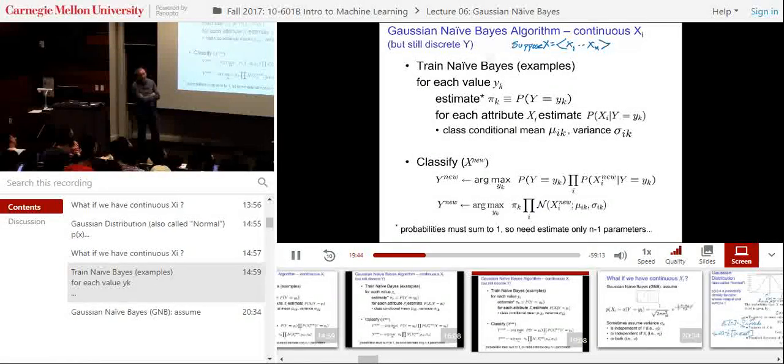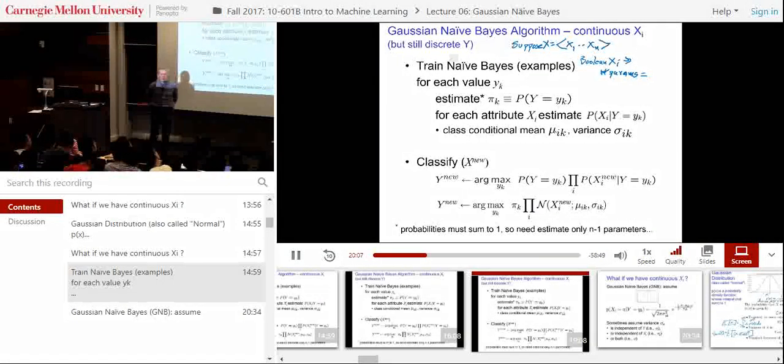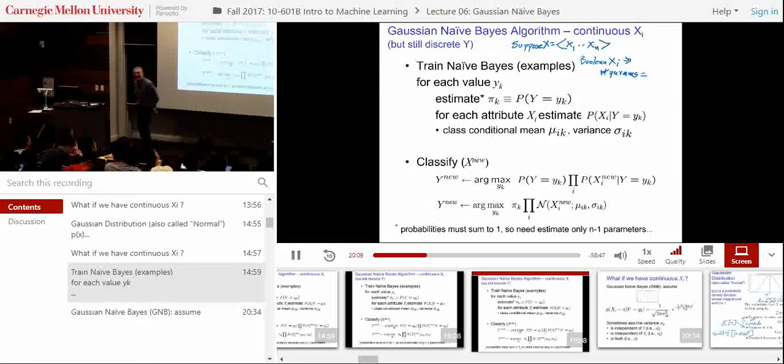In the case where x sub i was Boolean, we saw that the number of parameters that we had to estimate was how many? It was 7 in the case of Squirrel Hill, right?